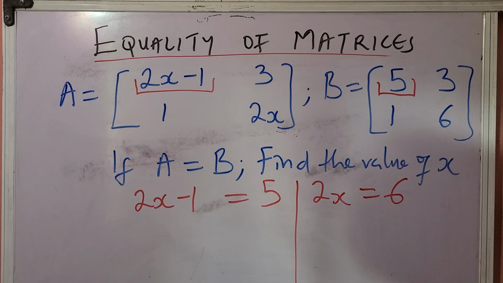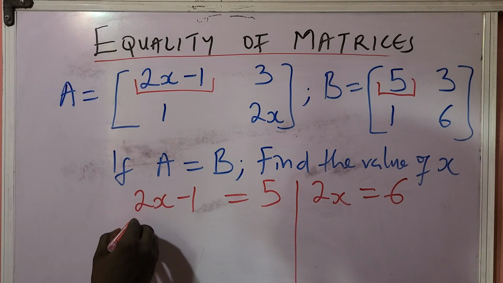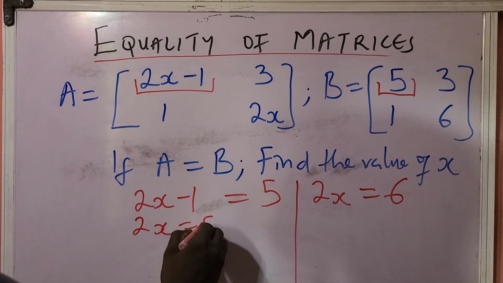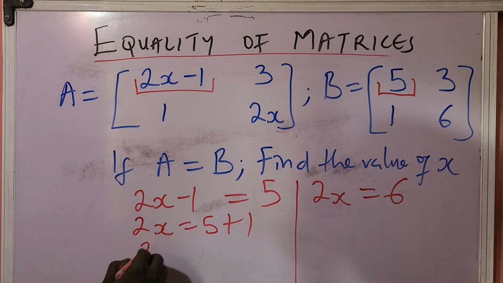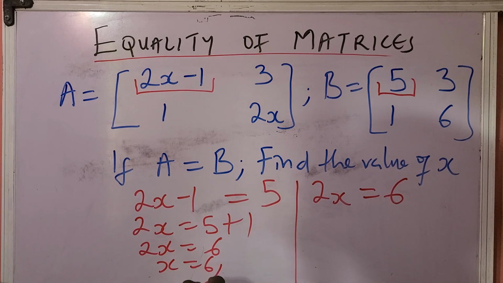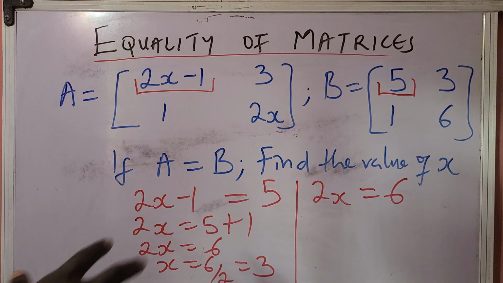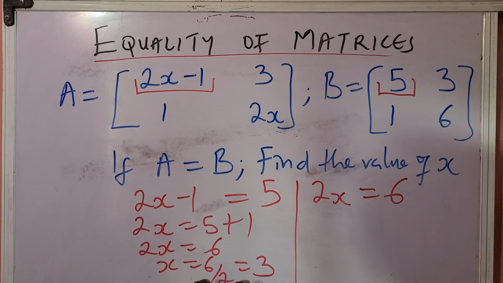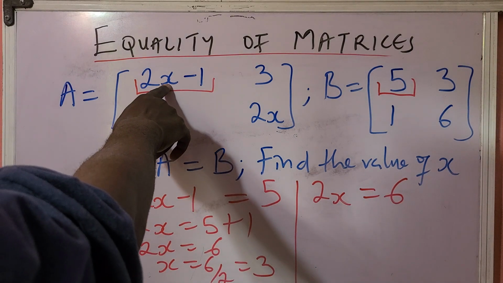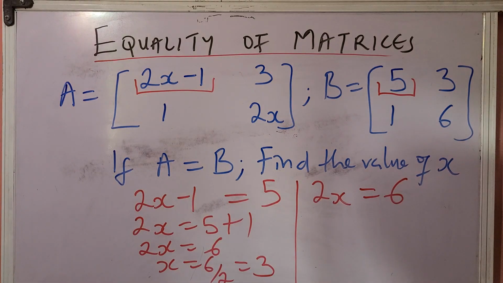If you go on solving this with basic algebra, you will get what we have right here, and our x will be 6 over 2, which is 3. Now, this means that the value of x must be equal to 3.